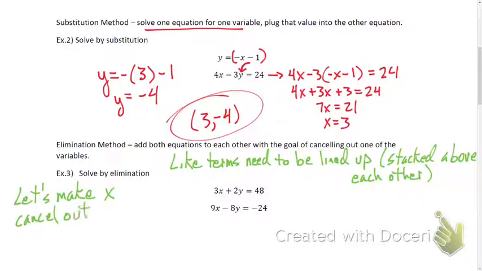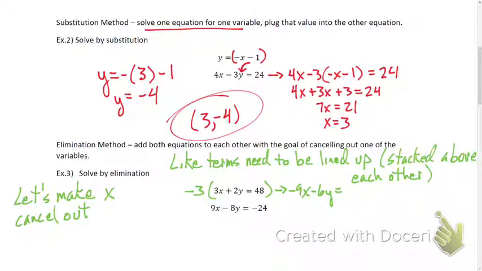So if I make this 3x become a negative 9x, when I combine the two, they would cancel out. So let's do that. Let's multiply that top equation by negative 3, and it's going to make that 3x become a negative 9x. I get negative 9x. I get negative 6y.